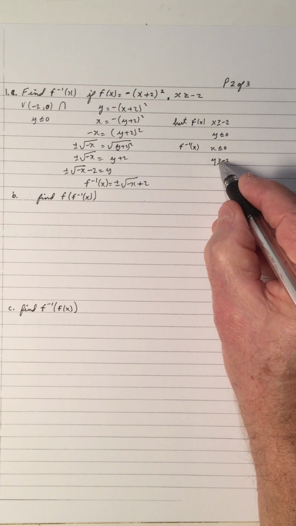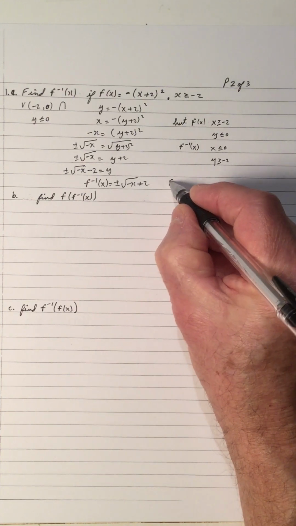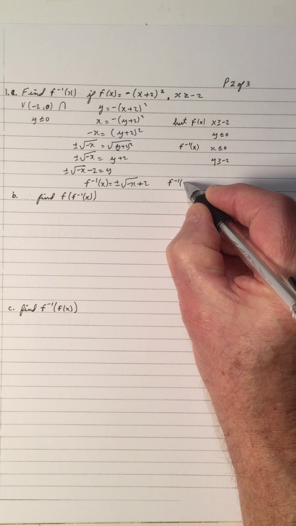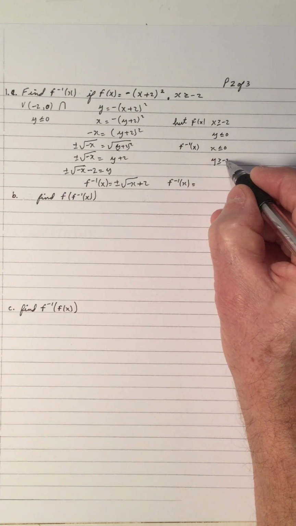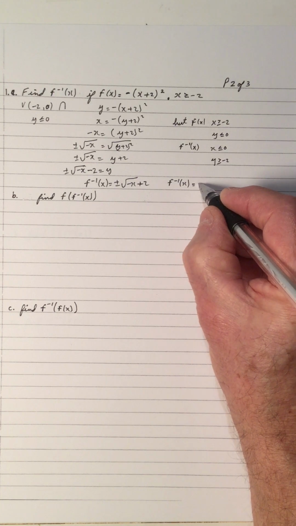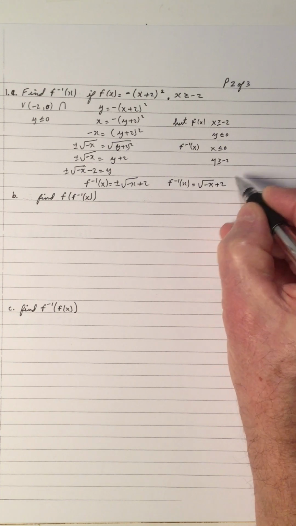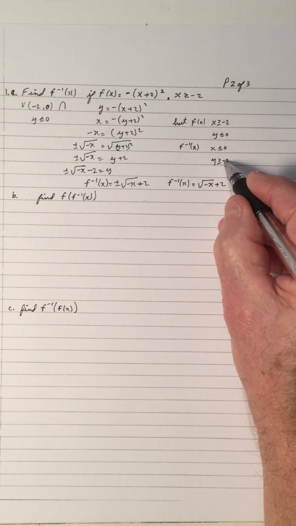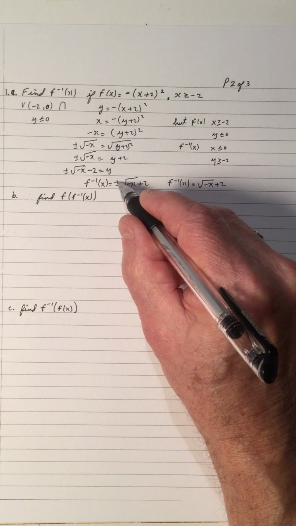So notice that we have a plus minus right here, so that means for the inverse, y is greater than negative 2, that means it's positive, so we're dealing with the root of negative x minus 2. Because y is going up in the inverse, we deal with the positive one.